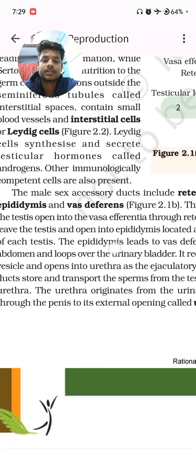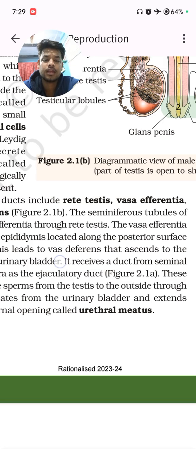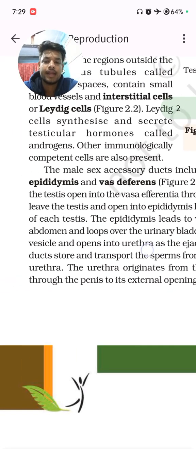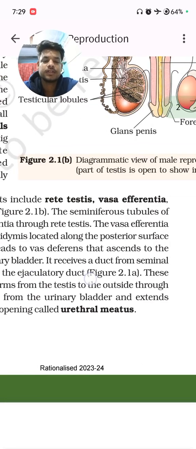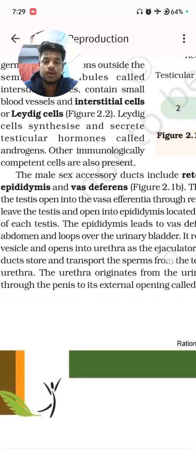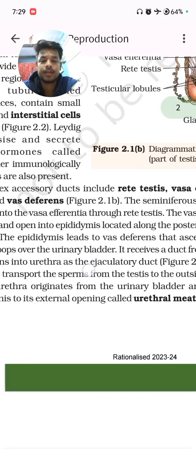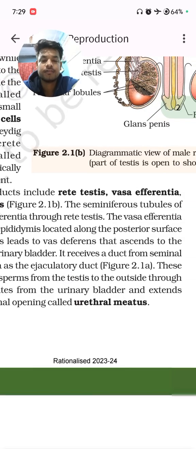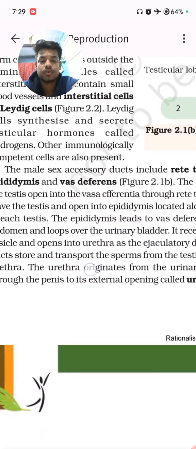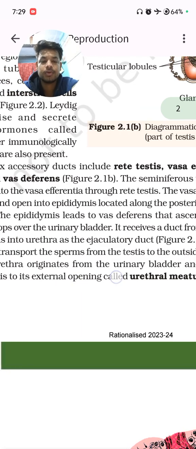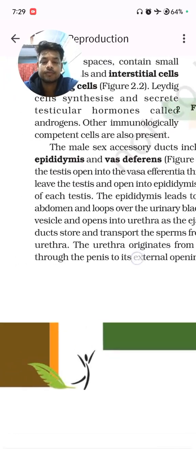The male sex accessory ducts include rete testis, vasa efferentia, epididymis, and vas deferens. The seminiferous tubules of the testis open into the vasa efferentia through the rete testis. The vasa efferentia leave the testis and open into the epididymis located along the posterior surface of each testis.